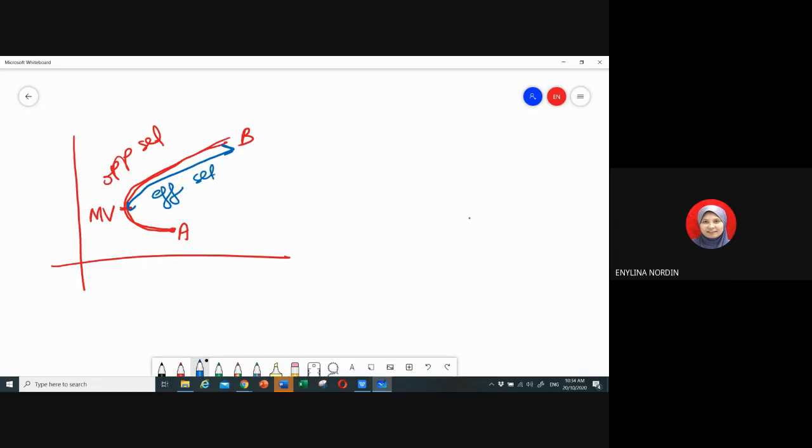Why? From point MV to point B here, dia akan provide higher return. And point MV here, if you notice, this is the point where the standard deviation of the portfolio is the lowest one, tapi still can provide you higher returns of the portfolio berbanding dengan titik dekat sini.